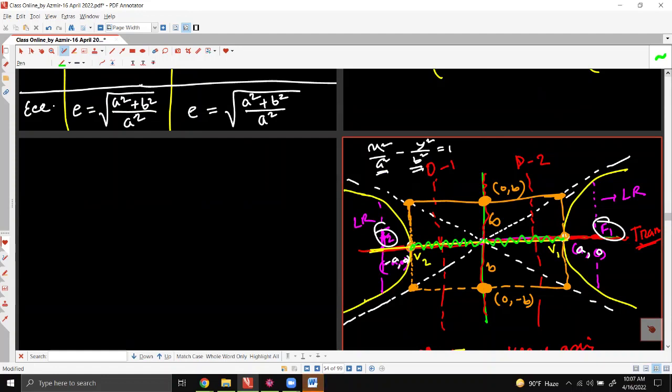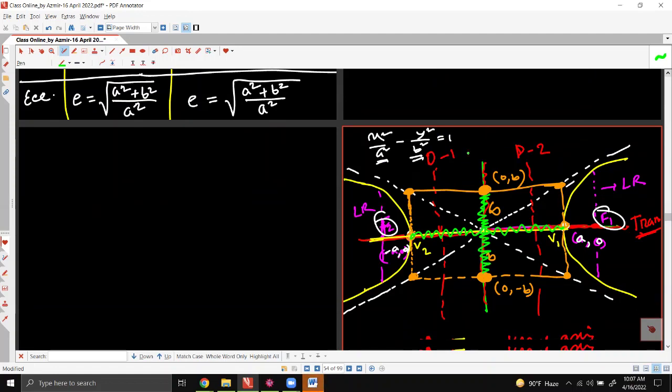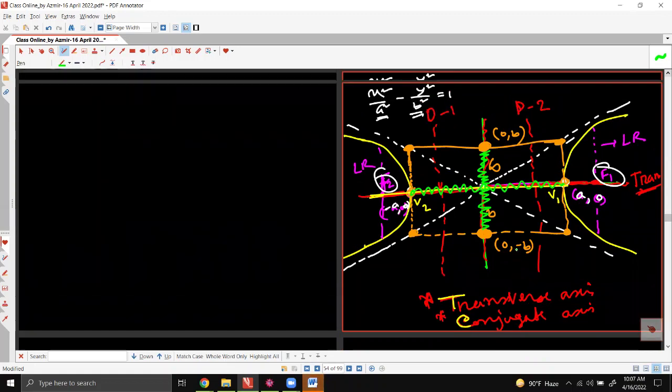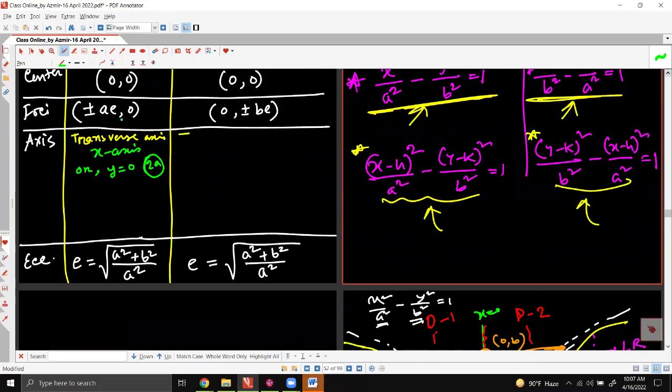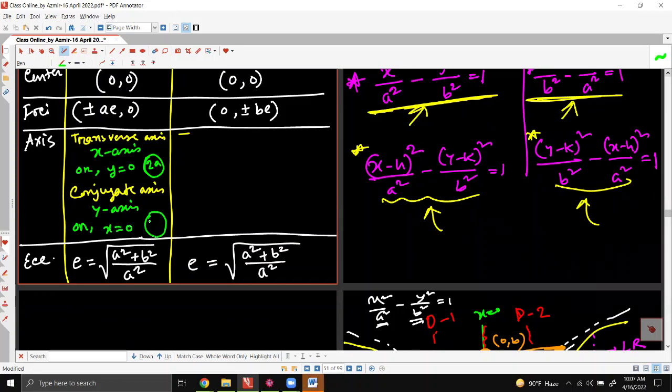So total 2a, and the length of the minor axis is b plus b, total 2b, and minor axis this time is known as conjugate axis. So the equation of conjugate axis will be x equals 0 because it is y-axis. So conjugate axis, it is y-axis or x equals 0 and the length will be 2b.